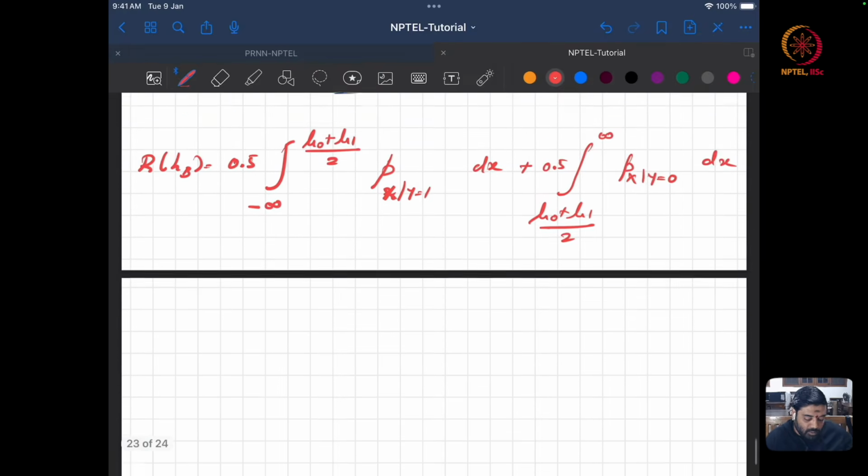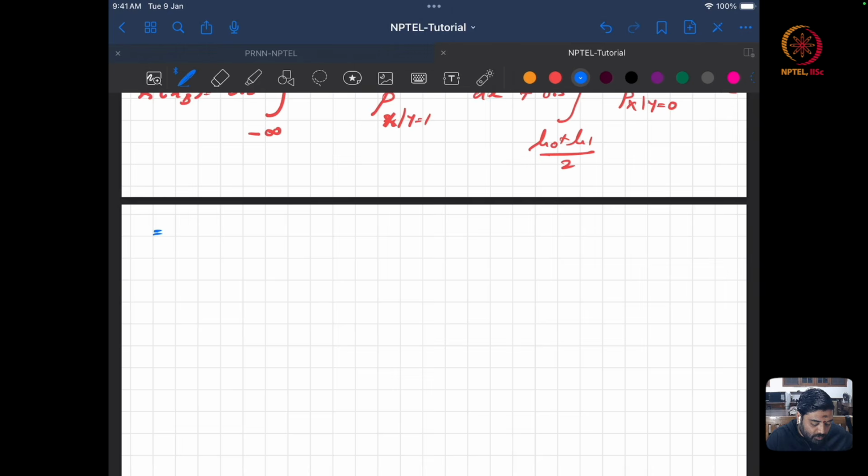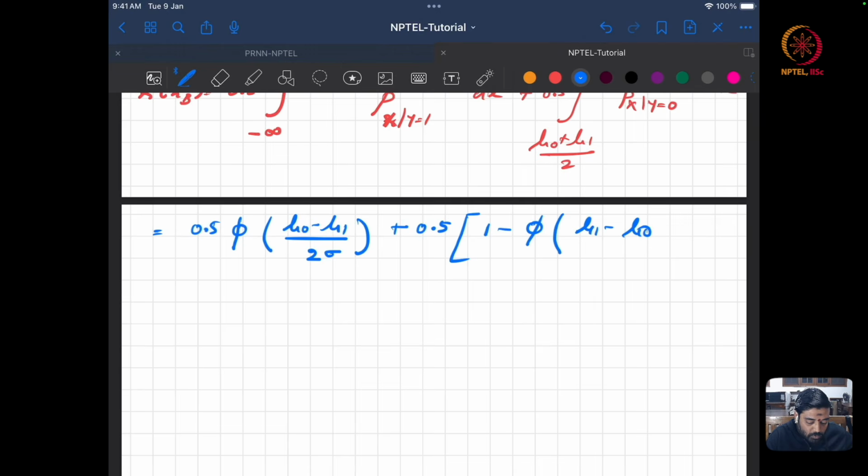Now you can easily substitute and put them in the form of the standard normal table. This is phi of mu naught minus mu 1 by 2 sigma, plus 0.5 into 1 minus phi of mu 1 minus mu naught by 2 sigma.